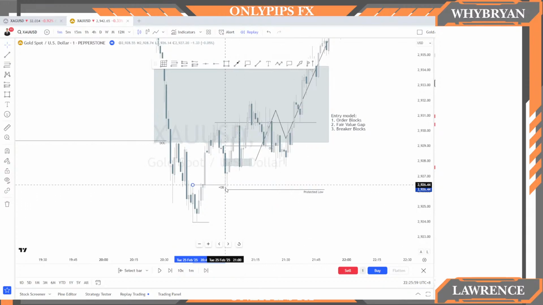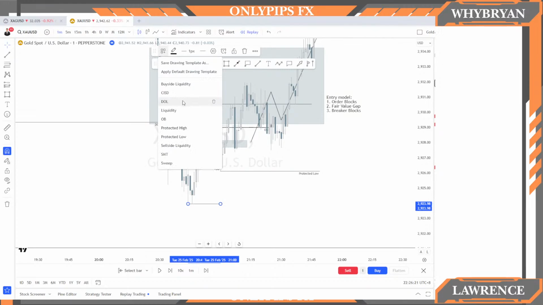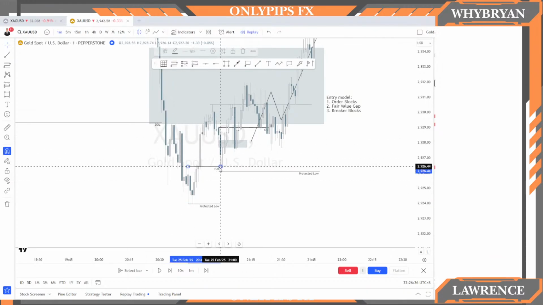The moment the price retests here, what do we do? The price retest must reject with a wick, but if the price just closes inside this order block range, then we will need to observe whether this low will be respected or disrespected. So how do we see respect or disrespect?